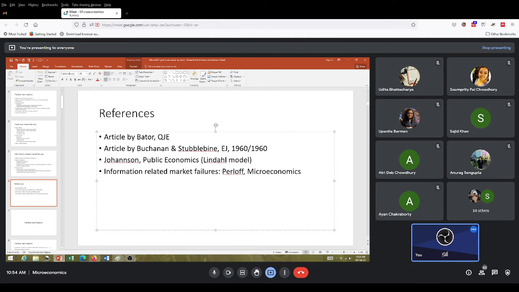That is the Lindahl model. This is externalities. This is Pareto Optimality. So this is the reference.